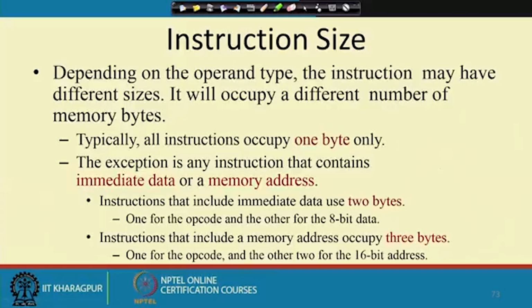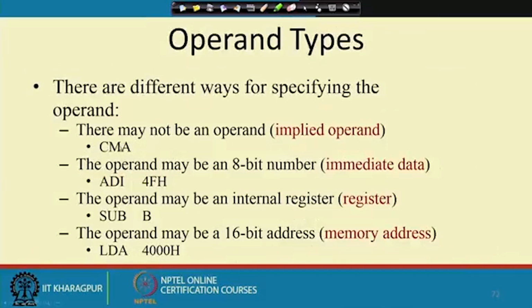Size of the instruction: so far we have assumed that all instructions are of the same size, but does it not look a bit odd? For example, this instruction is CMA, I do not need to specify anything after this, and this instruction is ADI 4FH. So, I have to somehow tell the number 4F. If certain number of bits are dedicated for storing the opcode part, that is true for CMA, for ADI, for SUB, for LDA.